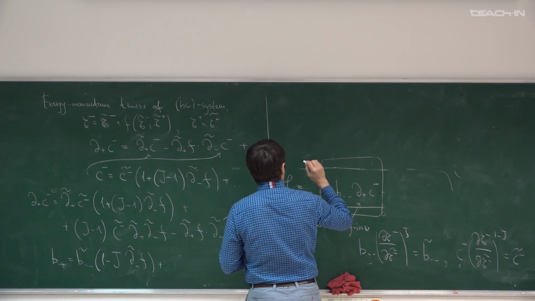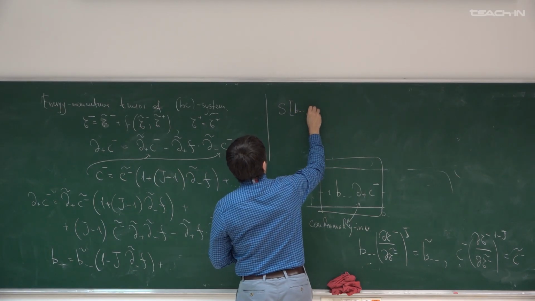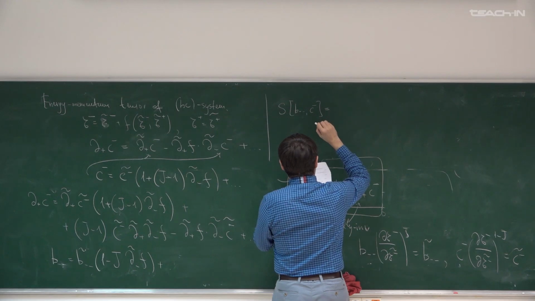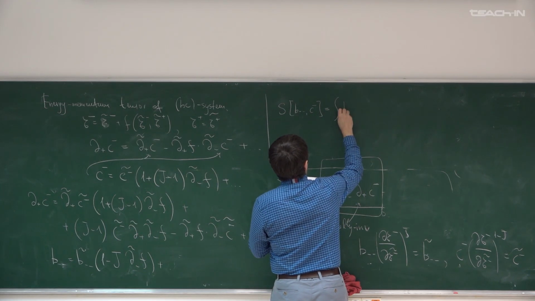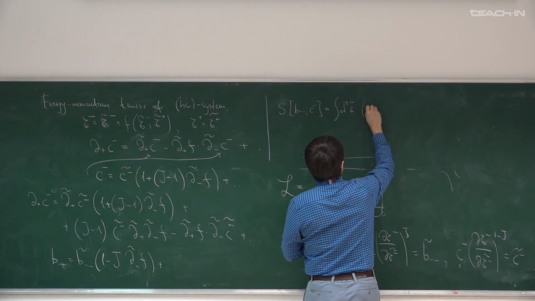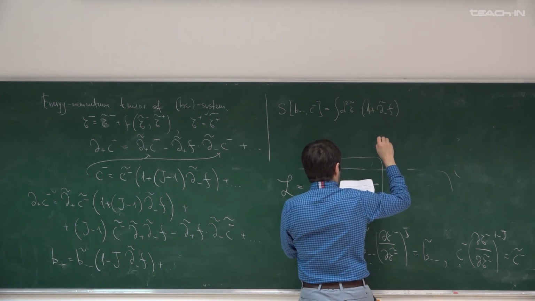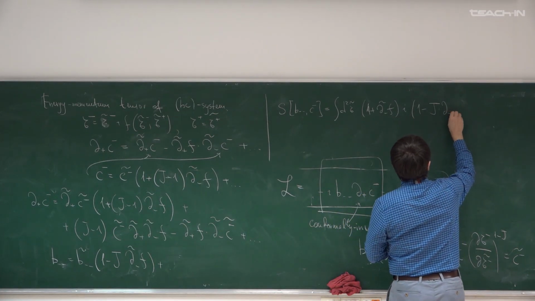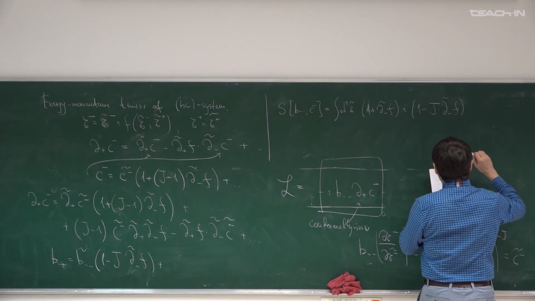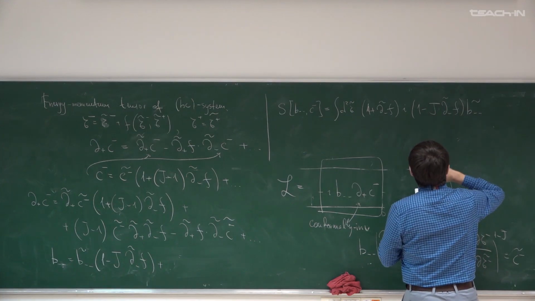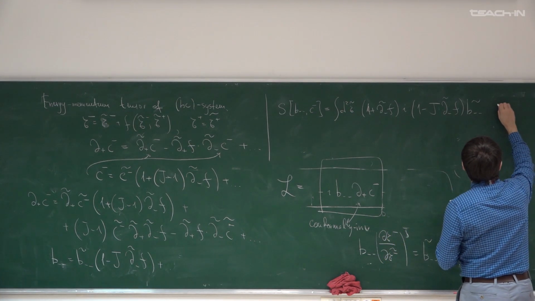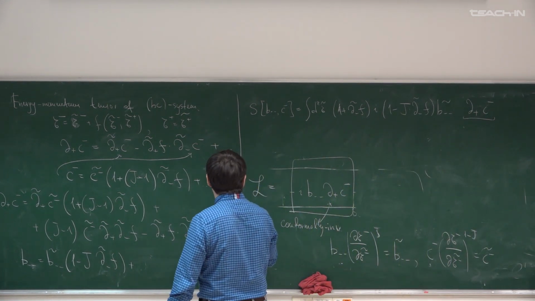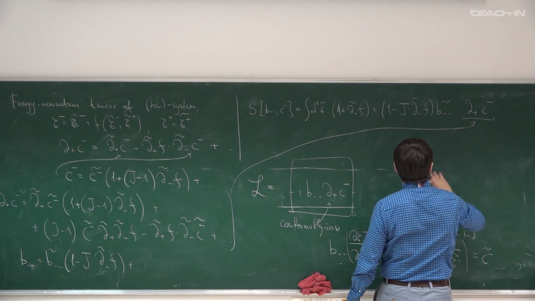So the action S, depending on B minus minus and C minus, is the integral d2 sigma tilde, then minus tilde f minus, and then d plus c minus, and here you substitute this huge beast.